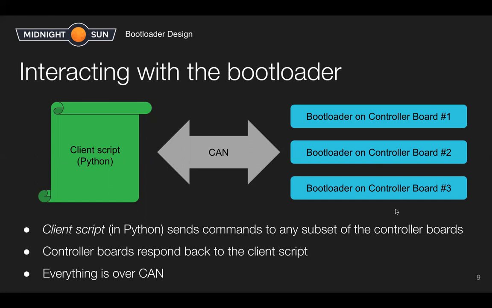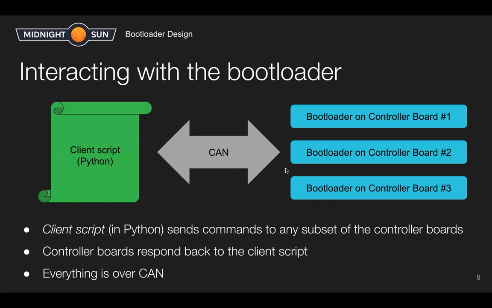The client script can send commands to any subset of the controller boards. So what that means is that the client script can address any number of controller boards at once. It could address only controller board number 1, or it could address all 3 of these controller boards here.